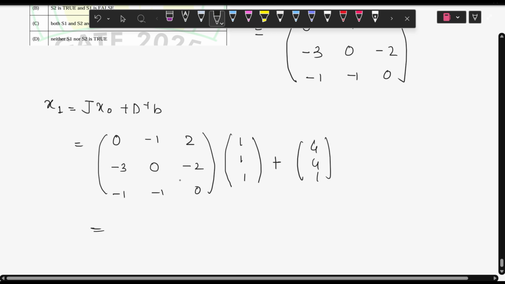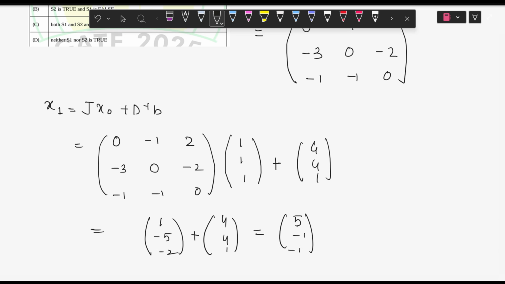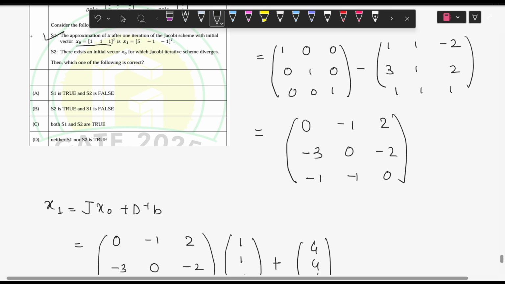So if you multiply this, you would get 1 minus 5 minus 2 plus 4 4 1, which is equal to 5 minus 1 minus 1. So our x1 is 5 minus 1 minus 1. So statement 1 is for sure true.